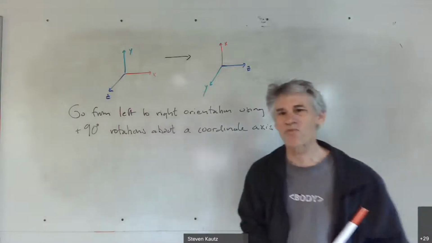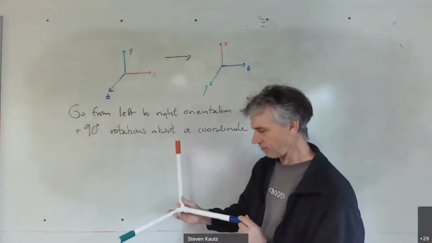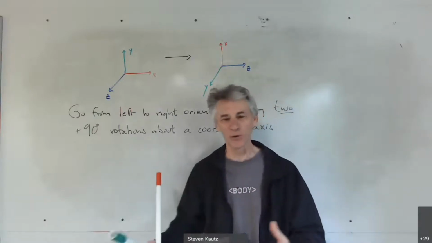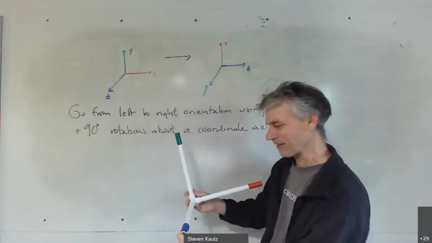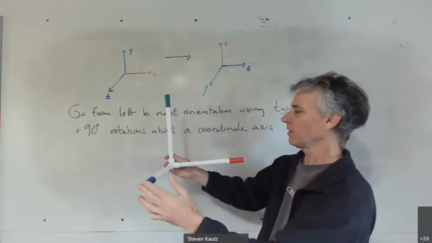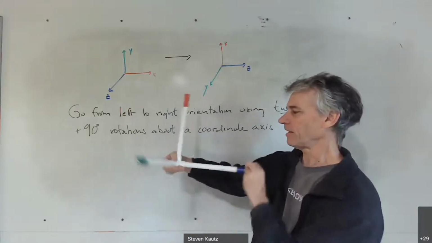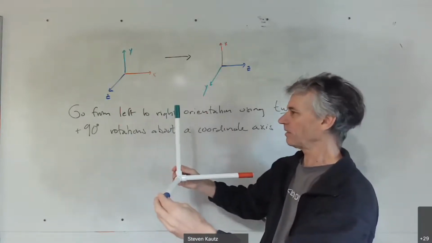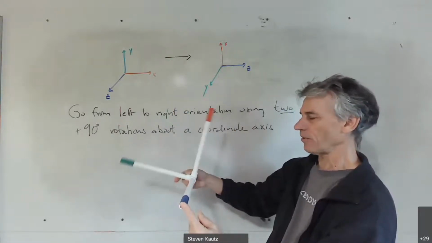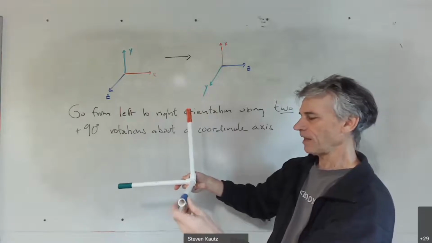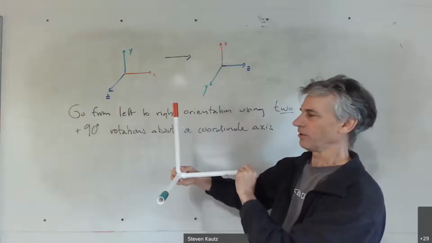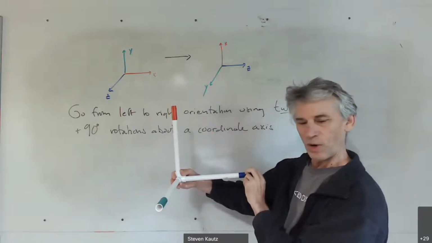All right. So let's kind of do this together, since I don't have a good way to break us into small groups and discuss it side by side, I guess. So here we are, and here's where I want to end up. So one thing you might say is, okay, I could do a 90-degree rotation about z, and then a 90-degree rotation about the original y-axis, right?